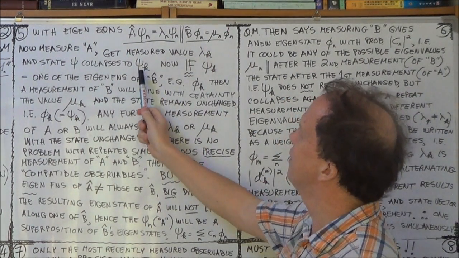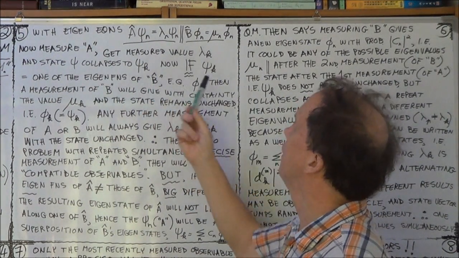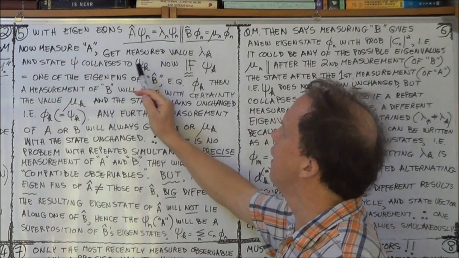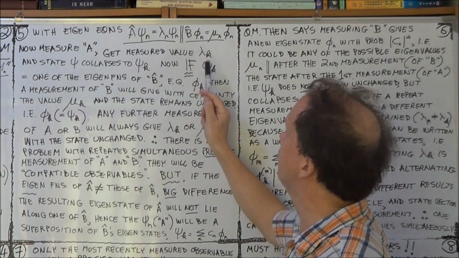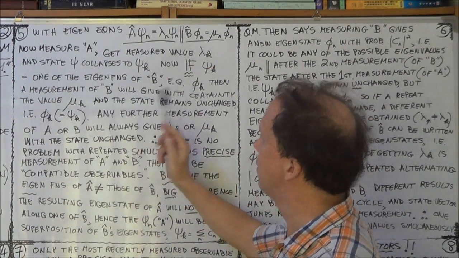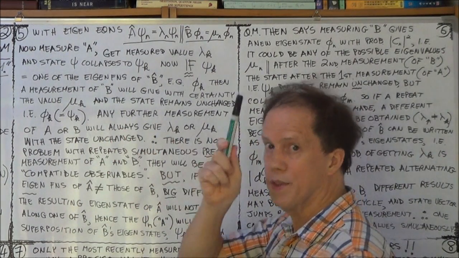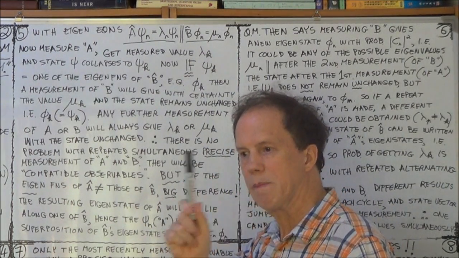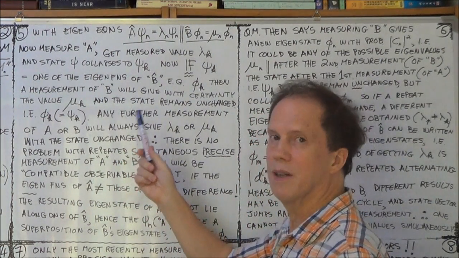If this psi function here happens to be one of the eigenfunctions for B, right, then when you come to measure B, you will get with certainty, now concentrate on what I'm saying, because it's rather dense reasoning, but verbal reasoning for the time being, sort of like philosophy.